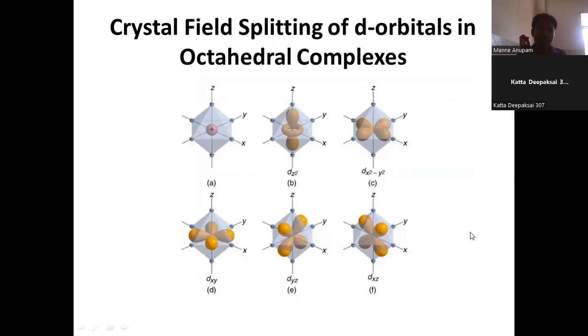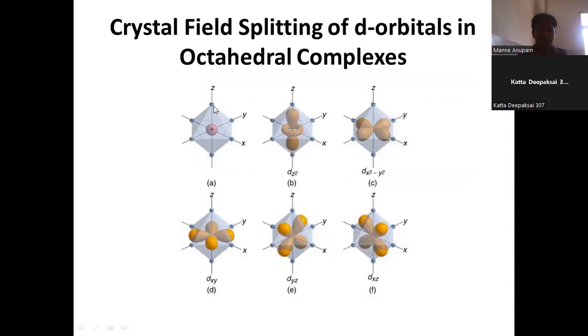Here we are able to see the d orbitals and how ligands are approaching the metal ion. The ligands are negatively charged and the metal ion is positively charged, so there is an attraction between the positive charge of the metal ion and the negatively charged ligand.